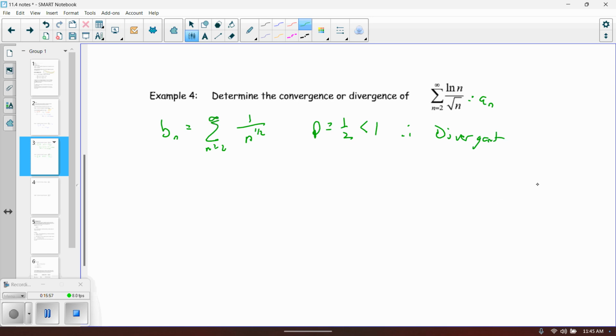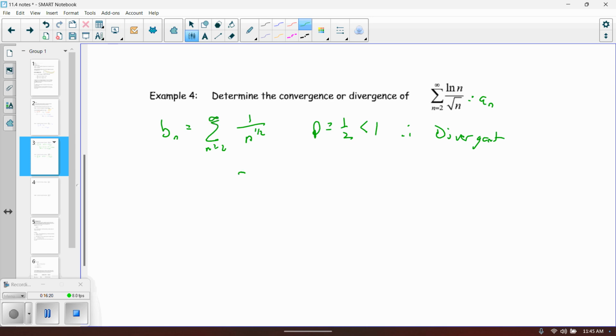So we're now defining that b sub n is divergent, and b sub n is going to be a series which is less than a sub n, because in this case, b sub n and a sub n's denominators are identical, but a sub n has natural log of n on top, which is going to grow. It's not going to grow fast, but it's going to grow faster than 1, which doesn't grow at all. So a sub n is going to be a greater series.